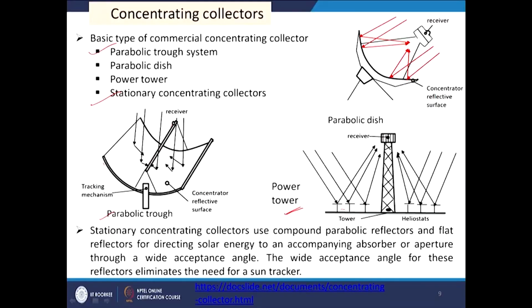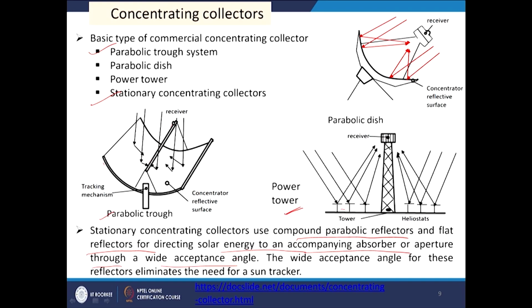So, these are three major important designs for the collection of sun rays by concentrating collectors, and apart from these we have stationary concentrating collectors. Stationary concentrating collectors use compound parabolic reflectors and flat reflectors for directing solar energy to an accompanying absorber or aperture through a wide acceptance angle.